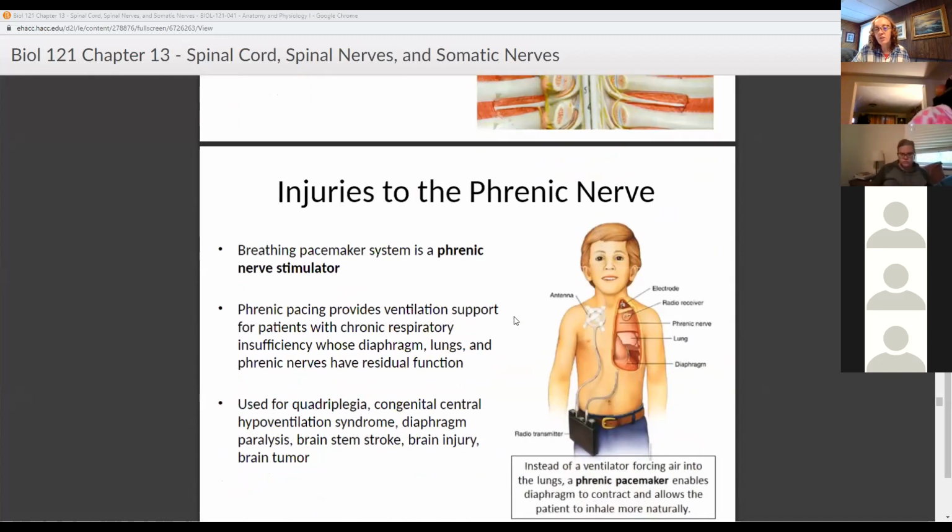Injuries to the phrenic nerve can sometimes be addressed with what they call a breathing pacemaker system, where phrenic pacing provides ventilation support for patients with chronic respiratory insufficiency. But the diaphragm, the lungs, and the phrenic nerve have to have some residual function.